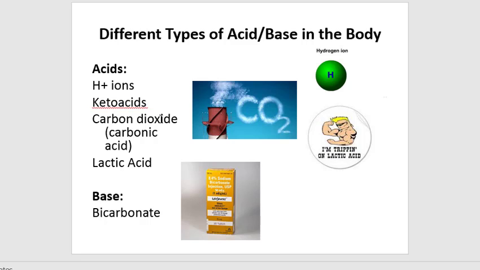And when they do that, a byproduct is lactic acid. So you become acidotic. What's the base in our body? Bicarb. Where is most of it regulated? Kidneys. Okay, so let's move on.